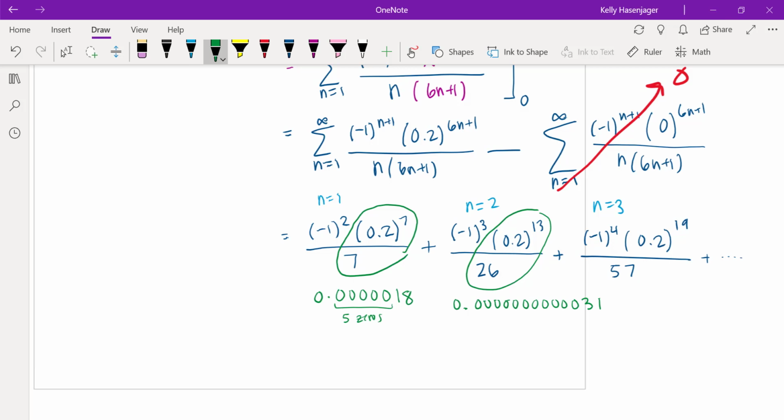So our alternating series estimation theorem, let's just make a note. This is less than our error, which said 6 decimal points. So we have 0 for 6 decimal points. That tells us that we're good to go.